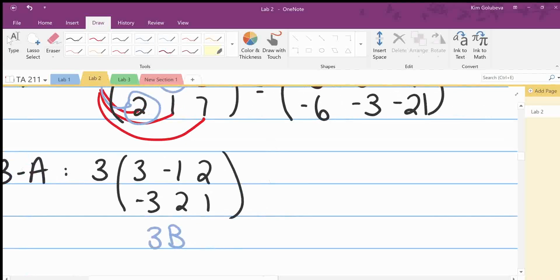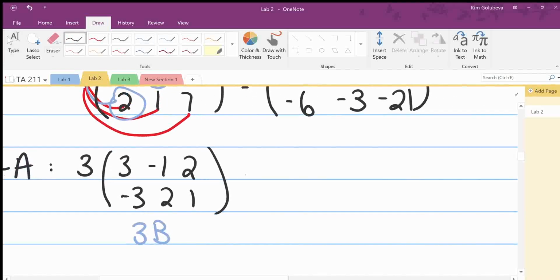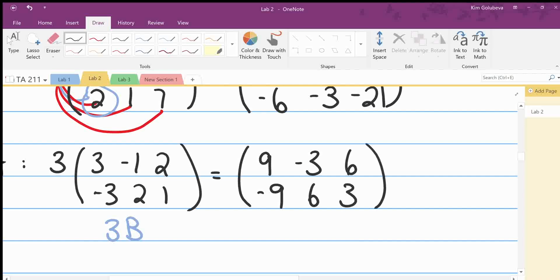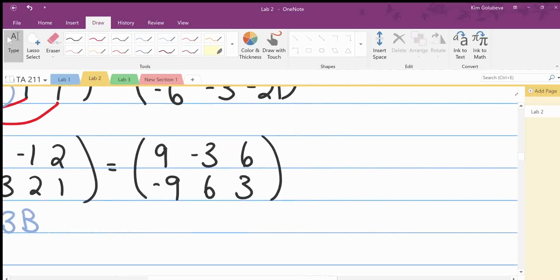I'm going to distribute the 3 into all of the entries of B, multiplying all the entries of B by 3, and I will end up with this. So this gives me 3B right here.